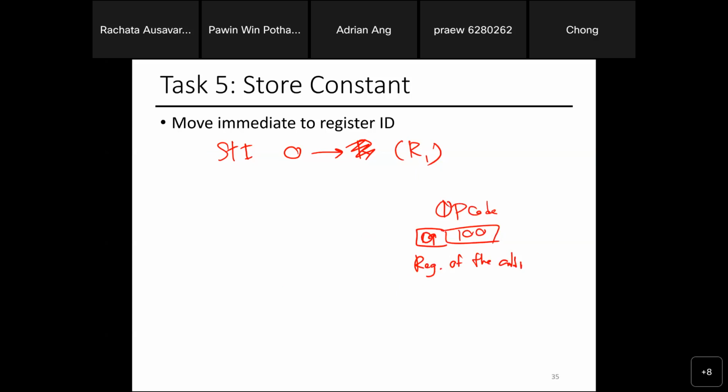Then how do you represent 0? 0, right? Here's the thing. How many bits do we have left? It's 16 bits long. We use 5 bits already. We have 11 more bits. This is going to be the immediate field. Whatever goes there is my constant, right?